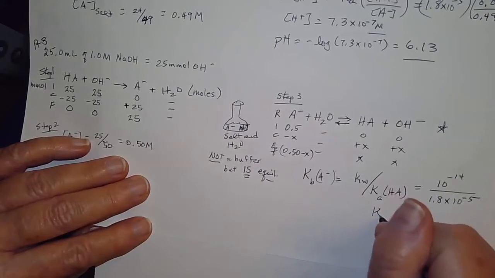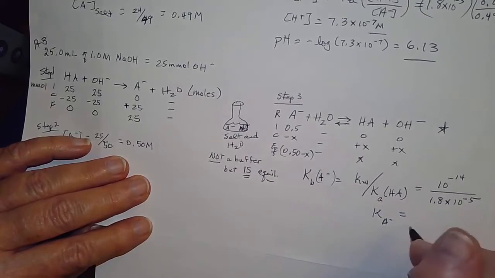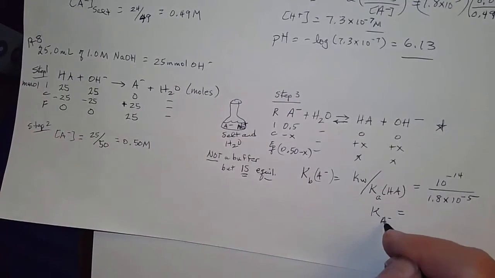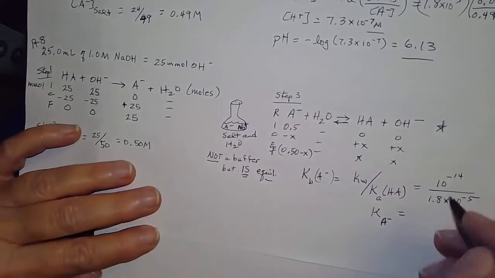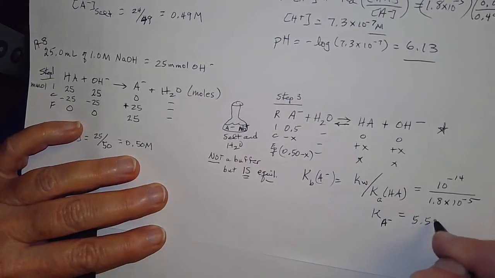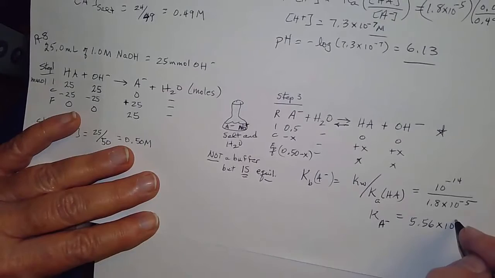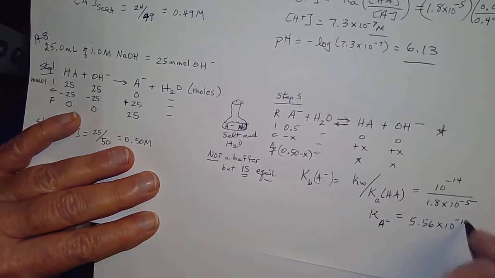And so Kb, so K for A minus, we'll just say B. No, well, we'll say A minus. That's not acid, that's A minus. Is going to be 5.56 times 10 to the negative 10, I believe.